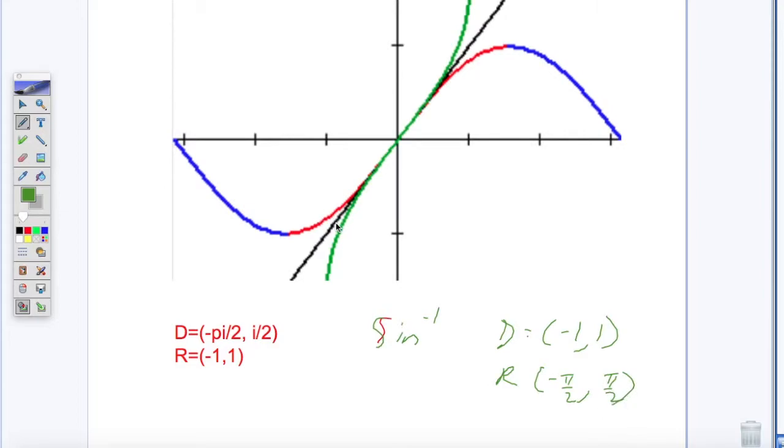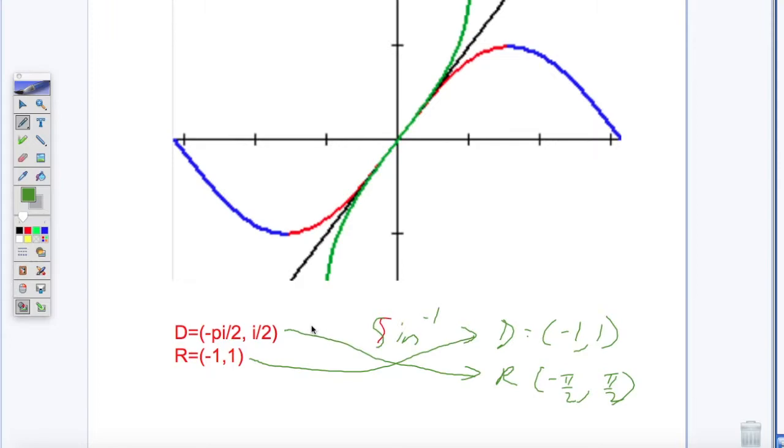And that's what you see in green. Pi over 2 is a little bit outside of this, but if you have the domain and range of the function, then you can get the domain and range of the inverse. Range of the function becomes the domain of its inverse. Domain of the function becomes the range of its inverse.